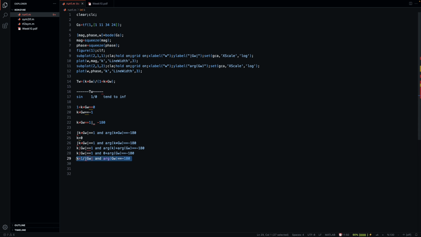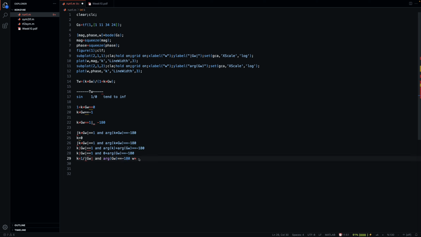Now this tells us the following. We can use the phase plot of the Bode plot of the system and look for a certain frequency where the argument or the phase angle is equal to minus 180 degrees.